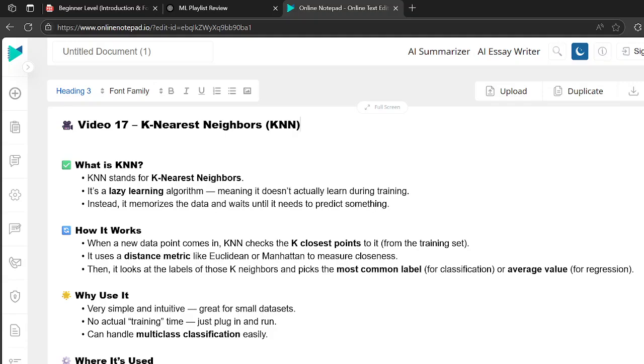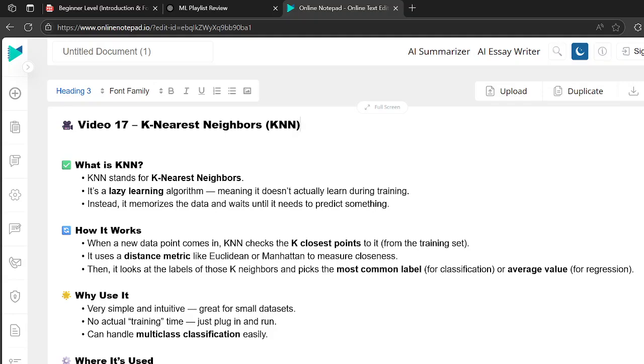So what is KNN? KNN stands for K nearest neighbors, right? It's a lazy learning algorithm, meaning it doesn't actually learn during training. Instead, it memorizes the data and waits until it needs to predict something.